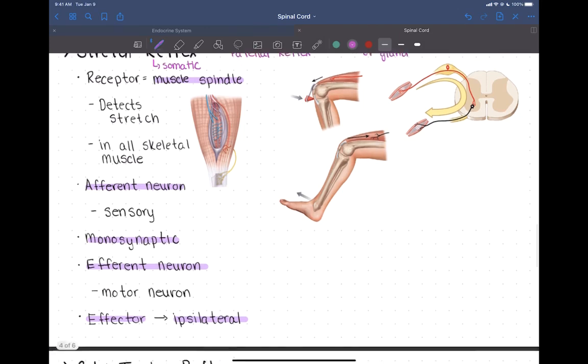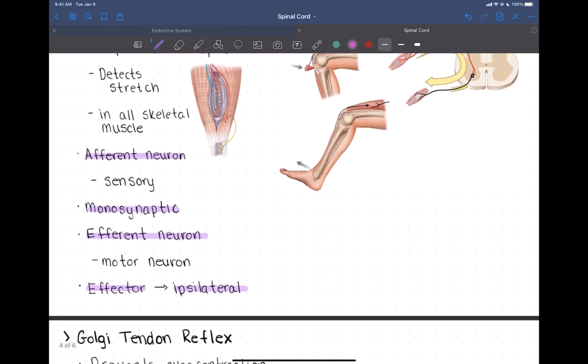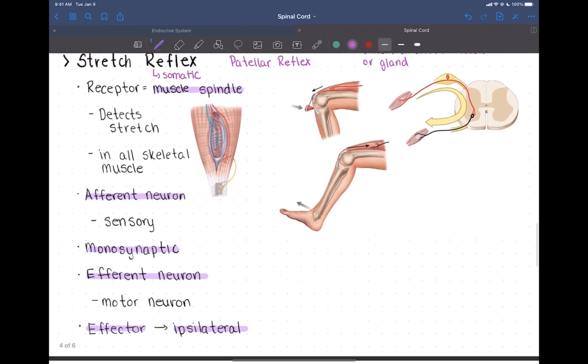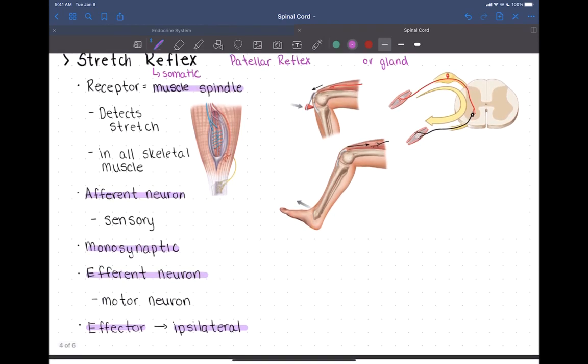So let's talk about our components. We have our receptor, our first component. The receptor is the muscle spindle. That receptor is going to send information through the sensory neuron, going afferent through the DRG, the dorsal root ganglion, where the cell body is located. Then it is going to synapse onto the motor neuron in the ventral horn.